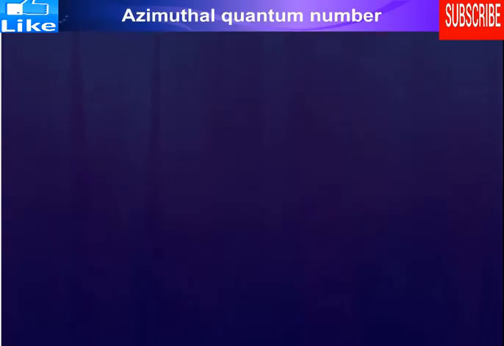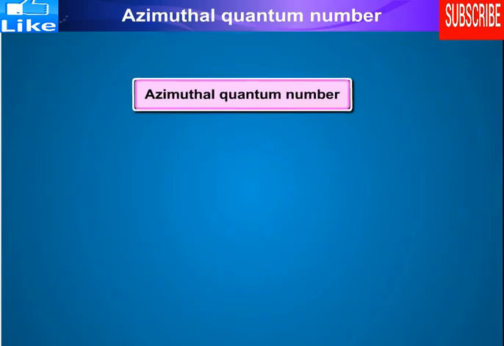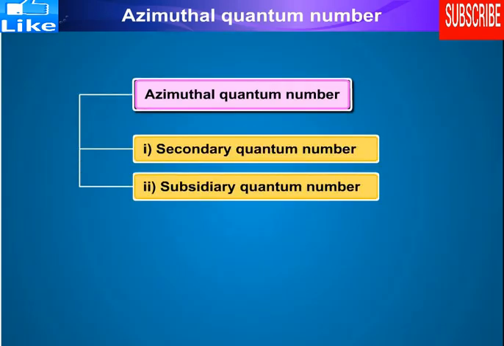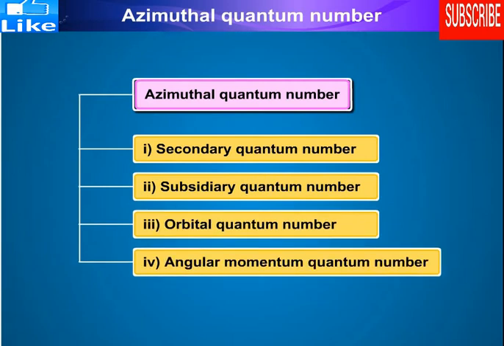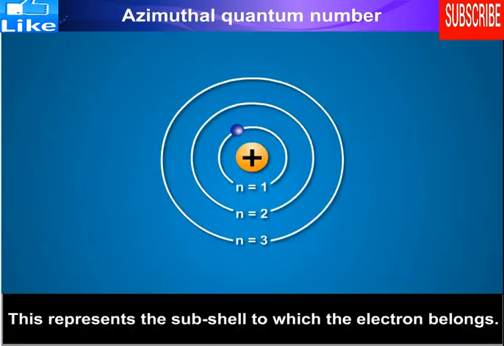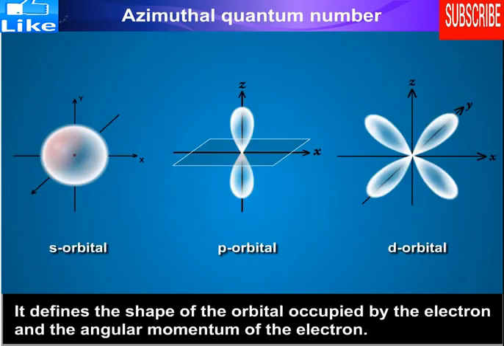Azimuthal quantum number. Azimuthal quantum number is also called secondary, subsidiary, orbital, or angular momentum quantum number. It is represented by letter l. This represents the subshell to which the electron belongs. It defines the shape of the orbital occupied by the electron, and the angular momentum of the electron.